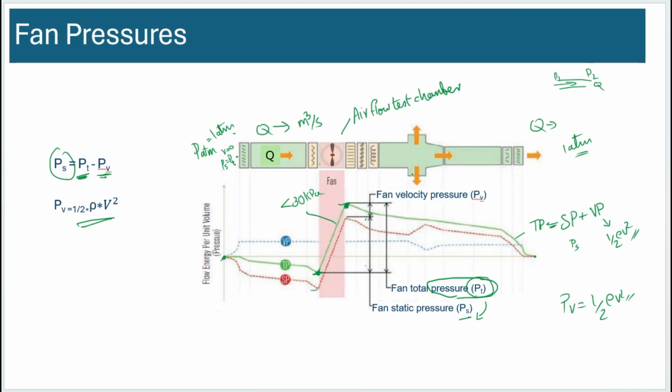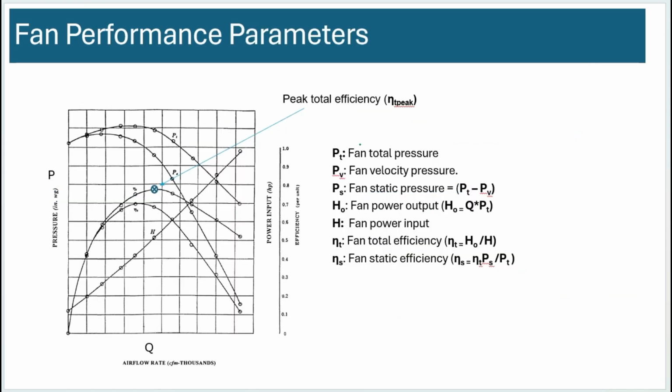Speaking of performance, this is a typical fan performance curve. So what are the items here? It has total pressure, which we just discussed, fan total pressure, and it's plotted against different flow rates. There's also a power y-axis and an efficiency y-axis.